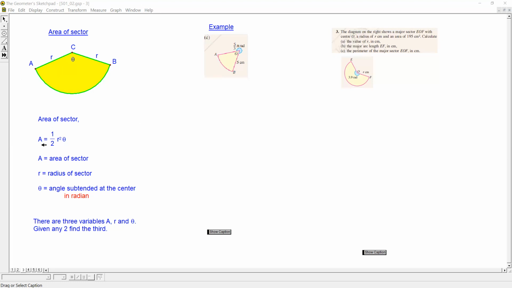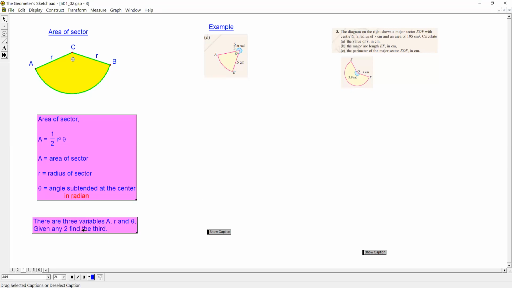The formula for the area is half r squared theta. This half is always there. R is the radius squared. Theta is the angle at the center in radian. Must be in radian. So again, if you are given any two variables, you can find the third one.